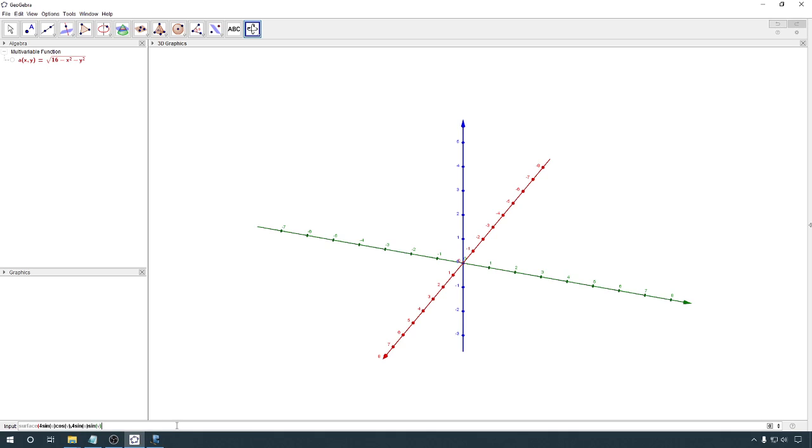The u here is my phi. Remember, phi goes from 0 to pi. V is my theta. Theta can go all the way around from 0 to 2 pi.